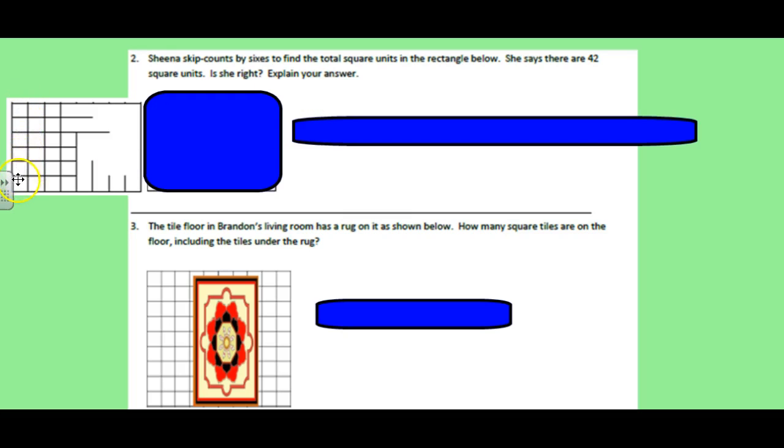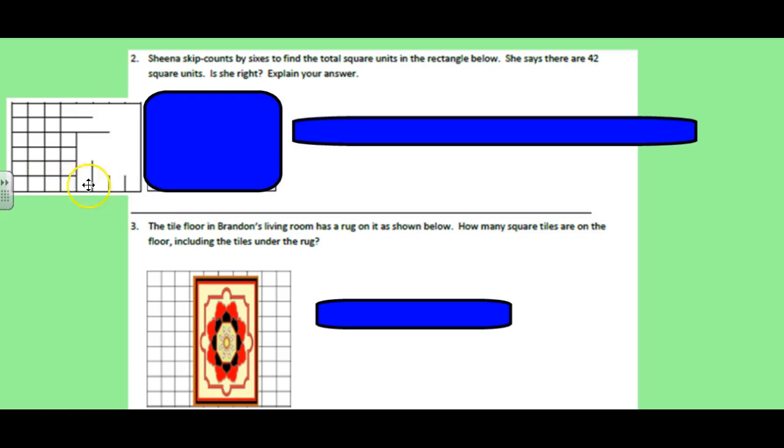When you look at the columns going up and down, you notice that there are 1, 2, 3, 4, 5, 6 in each column, so there are 6 rows in each column. But since we don't know how many are going to be in each row, we really wouldn't know how many times to skip count by 6 yet.